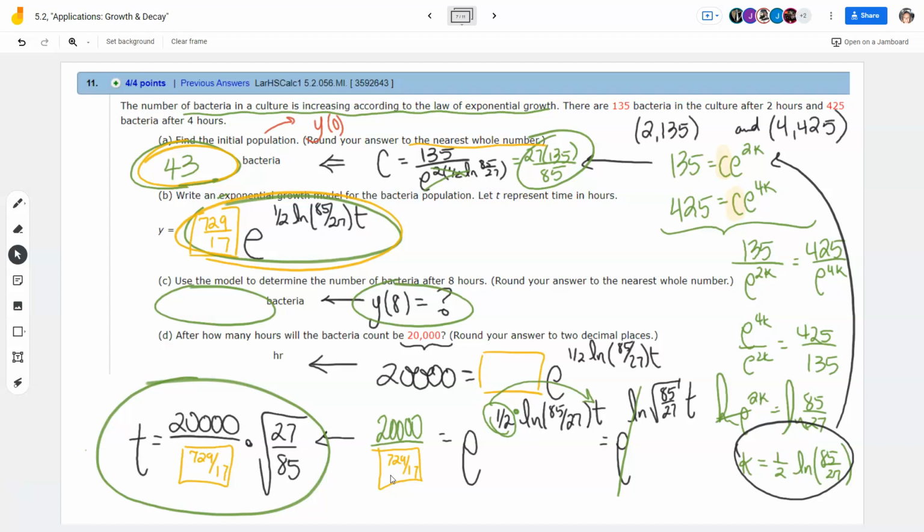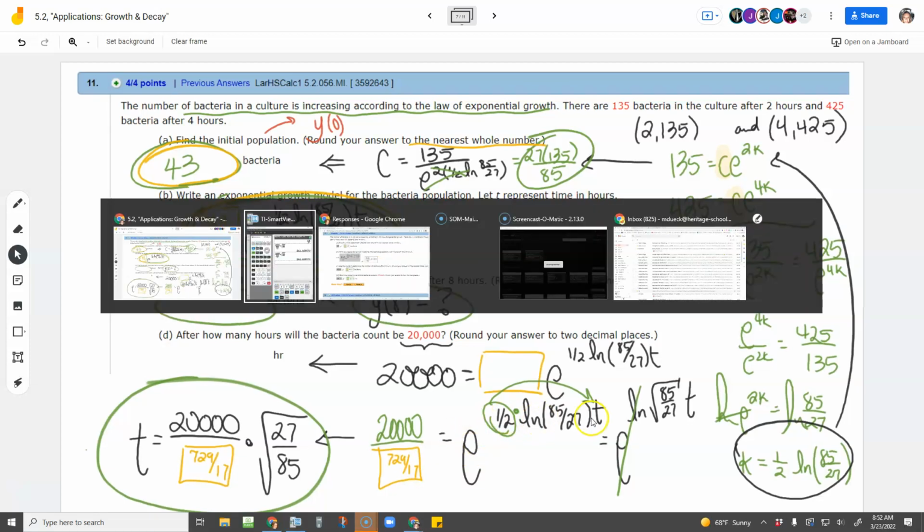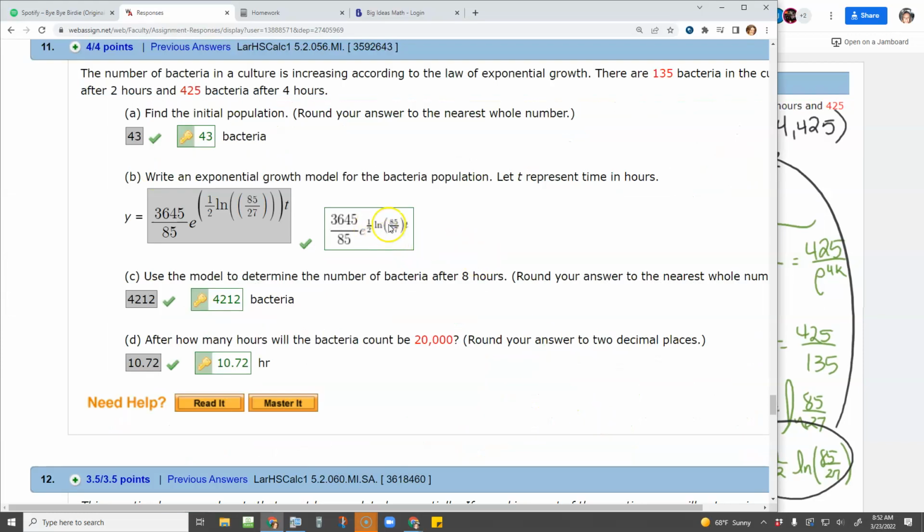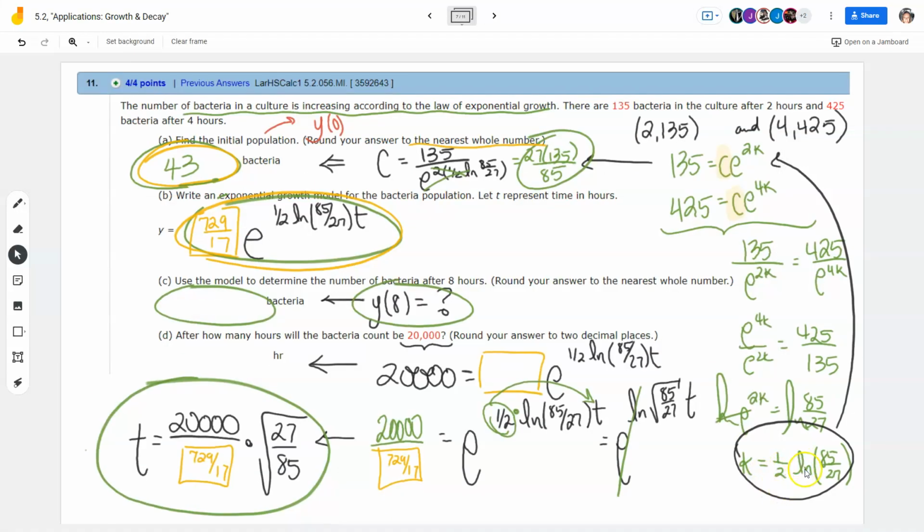Does the 1/2 affect the t? Or no? My k was 1/2 ln of 87. No, because the 1/2 could have been brought up here. You see it? And so to the 1/2 power is where that little square root guy comes from.